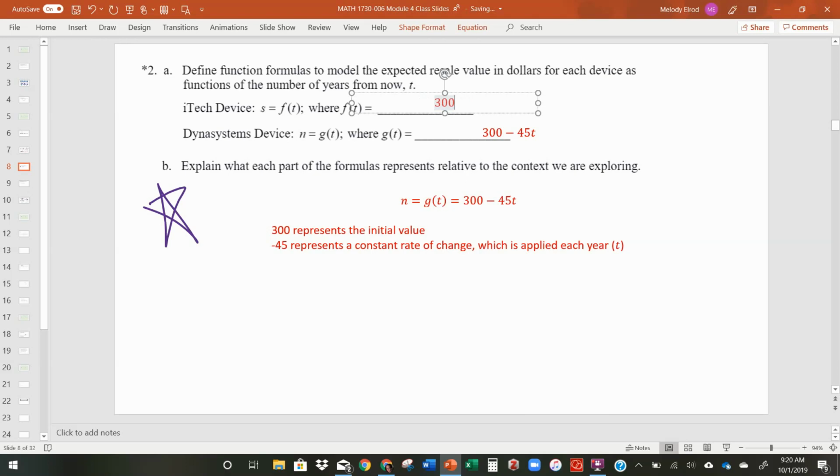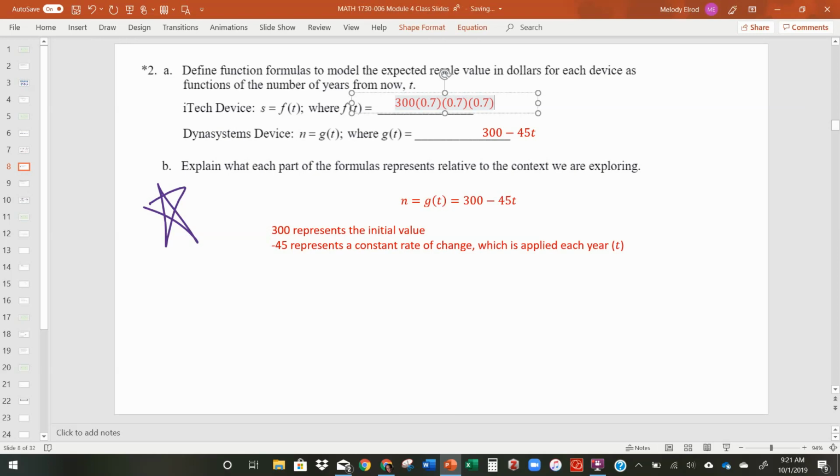Well, we took that amount and we multiplied it by 0.7. And then for the next year, we multiplied that 300 times 0.7, which was 210. We multiplied that by 0.7 again. And then in the next year, we did it again and again and again. And so this idea of multiplying repeatedly, well, that's an exponential model. 0.7 times 0.7 times 0.7 is 0.7 cubed, right?